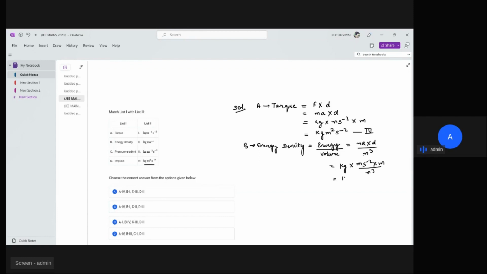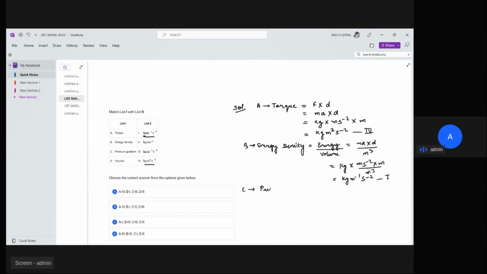So it will be kg meter minus 1 per second square. Which is the option? It matches with the first option. Similarly, we can find others also.